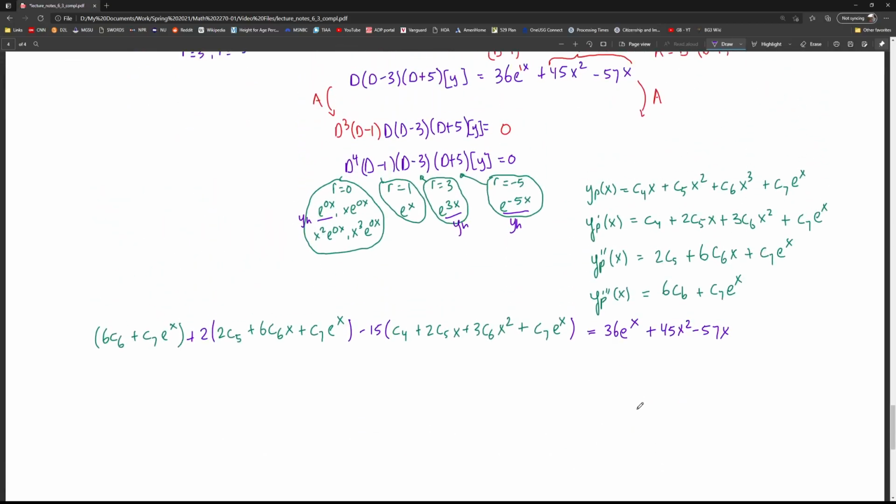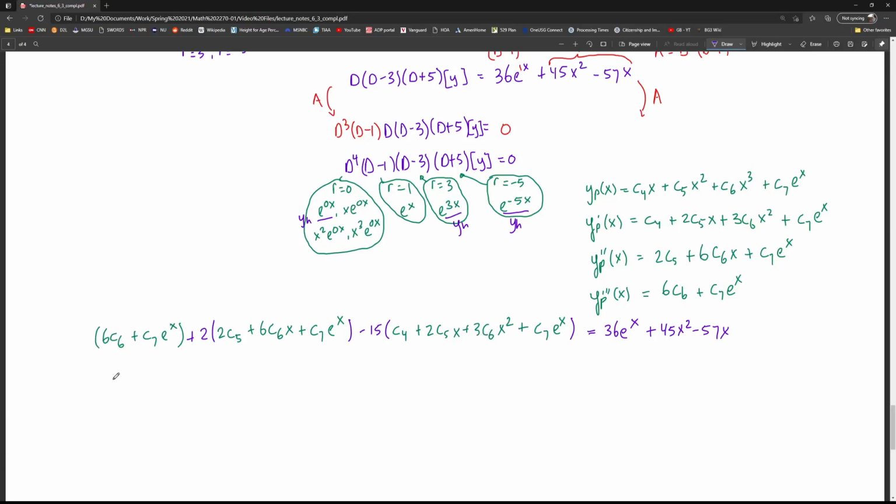So now I would recommend combining all the constants, combining all the parts that have e to the power x in them, all the parts that have x, and all the parts that have x squared.